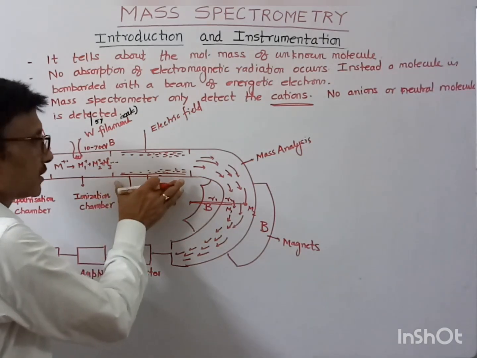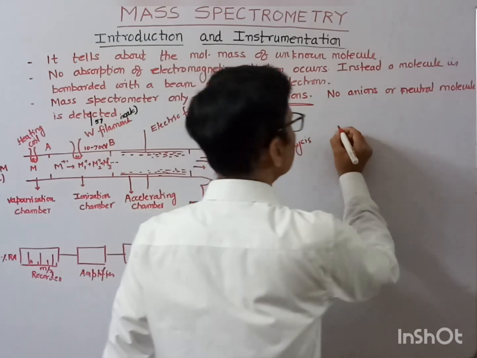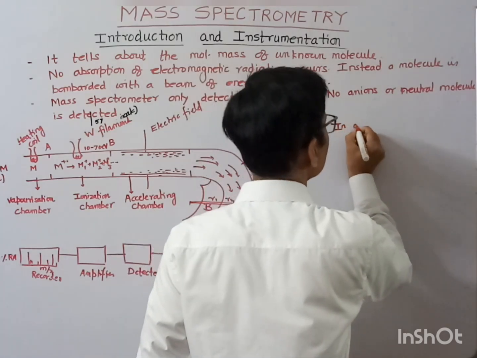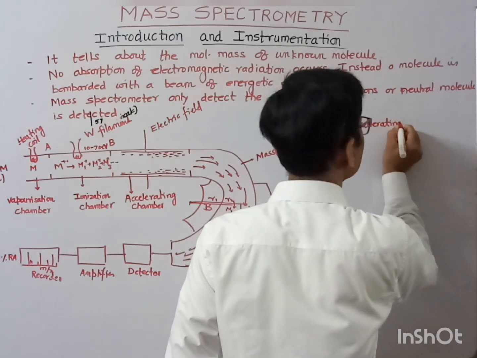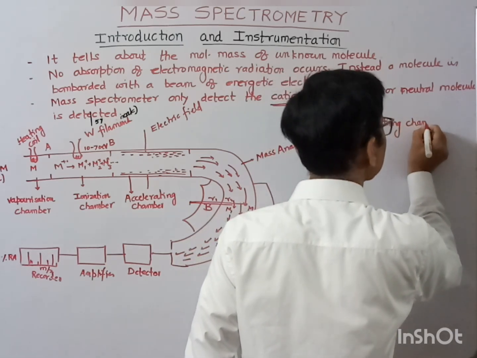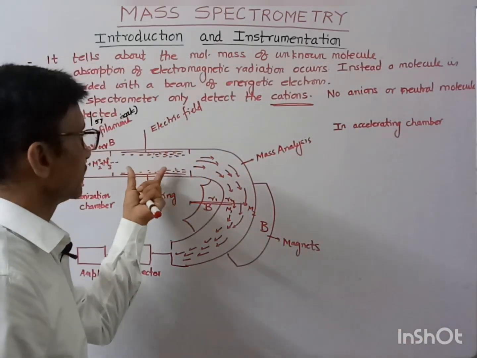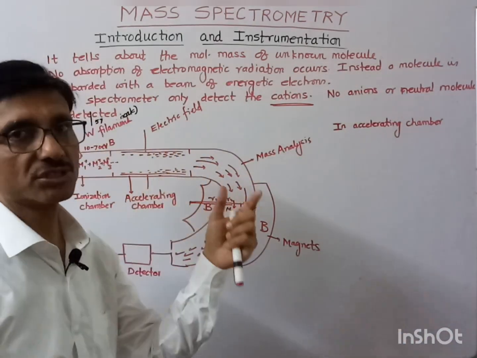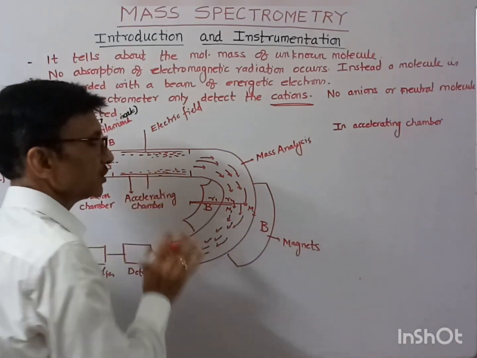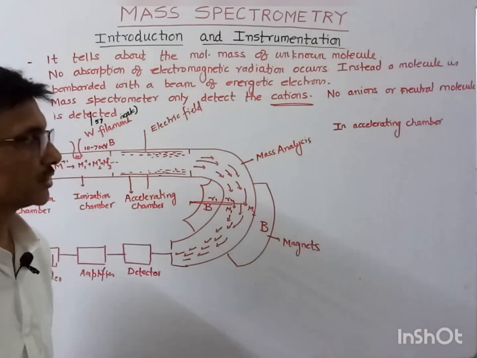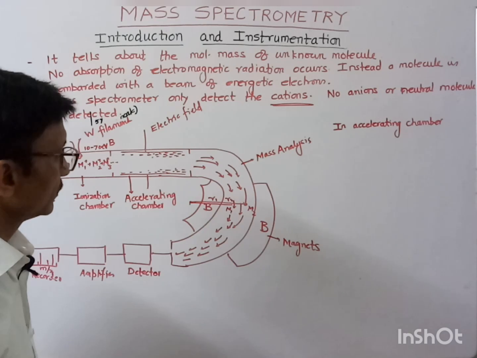Now this instrumentation part contains two main parts. One is the accelerating chamber, another is the mass analyzer. In the accelerating chamber, the ions are accelerated, having the charge Z. The potential energy of these charged ions is equal to the kinetic energy.